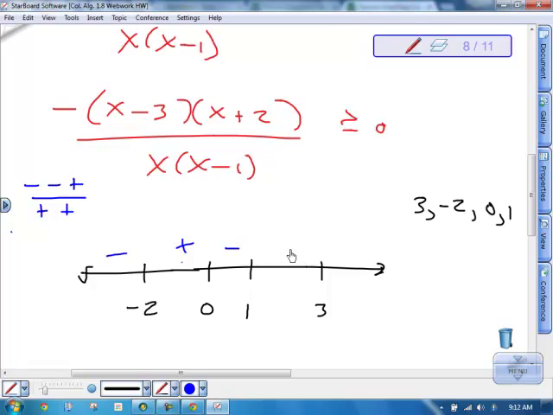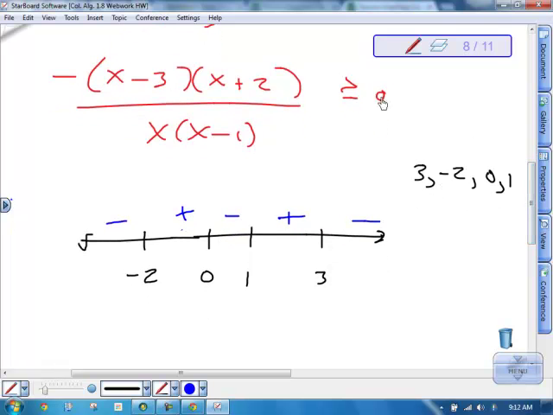So that's 2 negatives, which is back to positive. Now let's stick in a number bigger than 3, like 4. Stick in 4, this would be negative, this would be positive. I'm sorry, this would be positive as well. Positive, positive, positive, and positive, so that'd be negative. Okay, so now we can answer the question, when is this thing greater than or equal to 0? Before we do though, negative 2 was a 0.